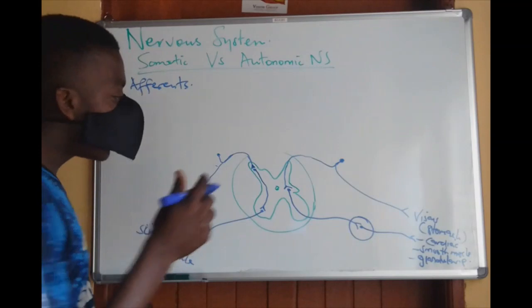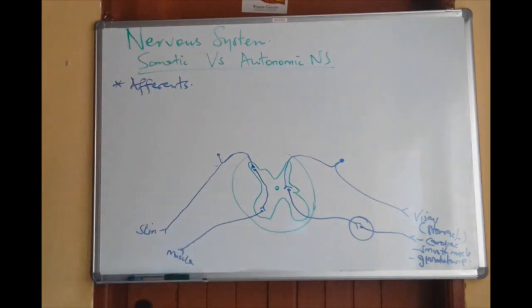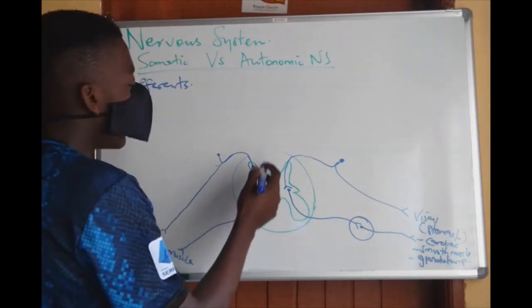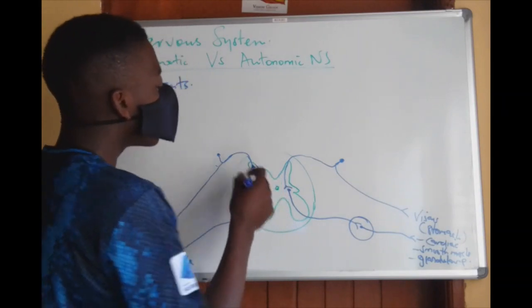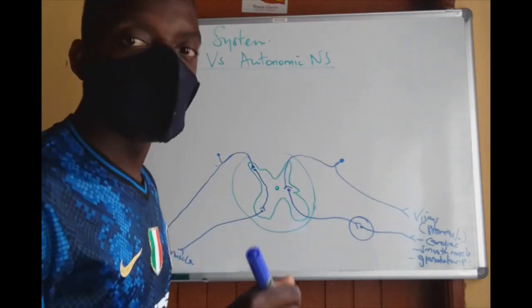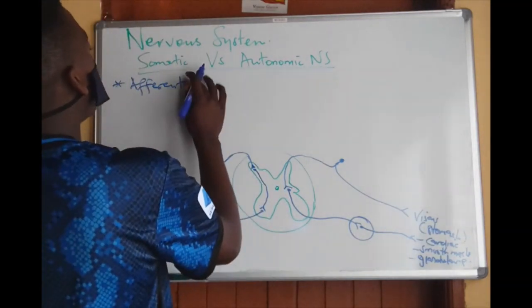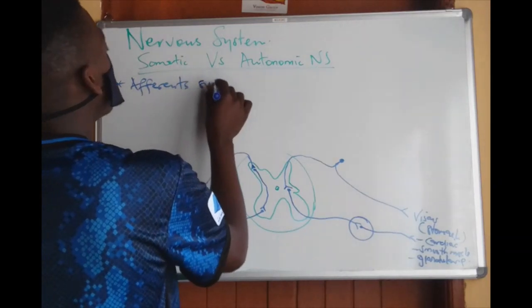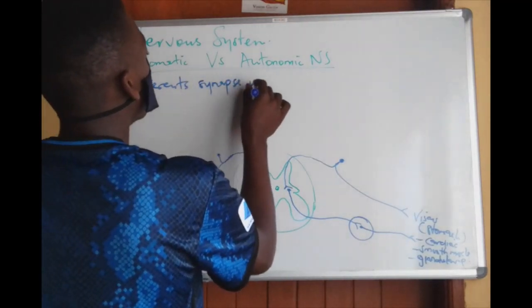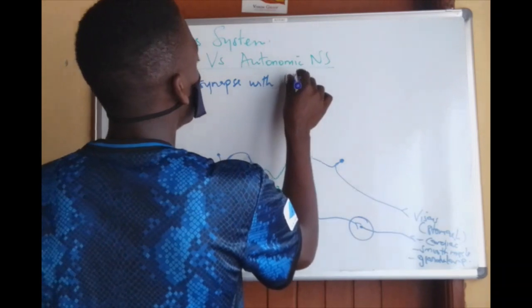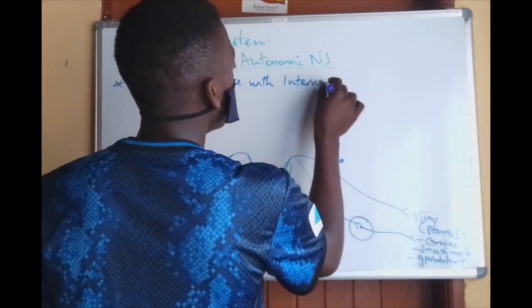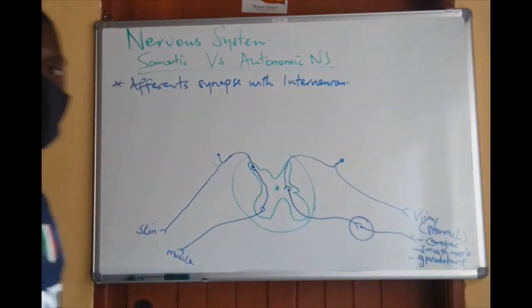Okay? But now what about their entry as they enter into where they synapse with an interneuron? That's the first difference. Afferent synapse with interneuron. That is the first difference. Yeah?